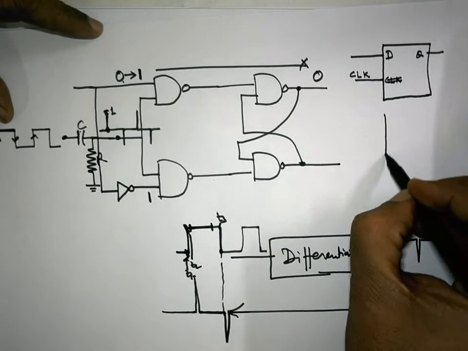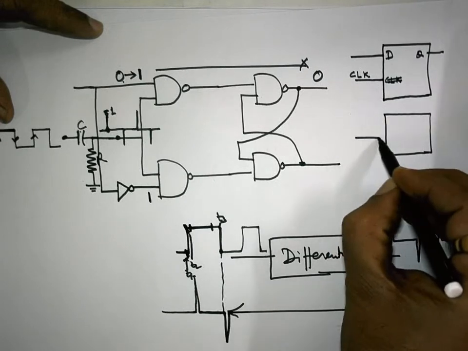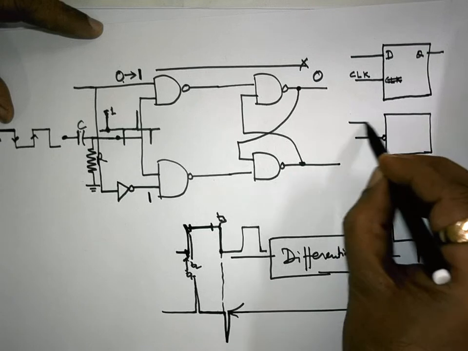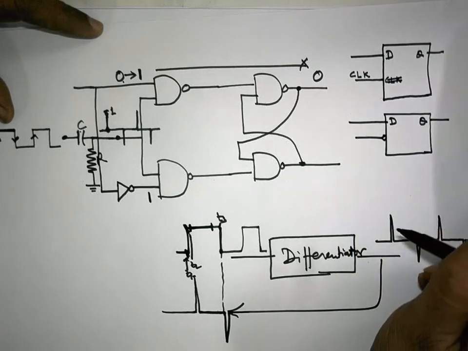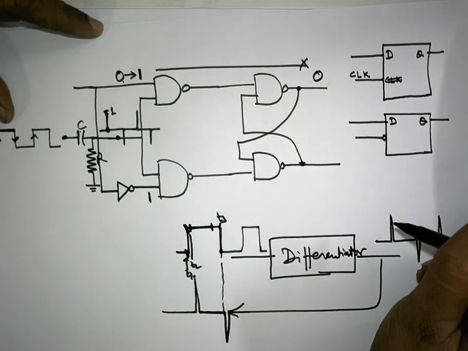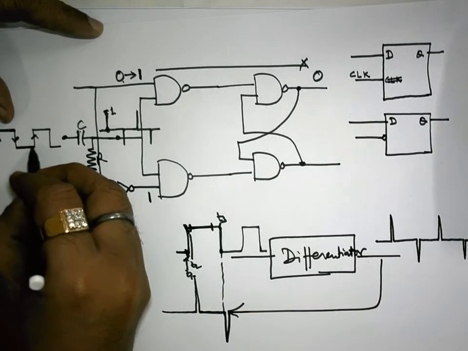And if I show the symbol of the D flip-flop like this, this is a low level triggered D flip-flop. When I say low level triggered, this means changes can occur at the low level of this clock.